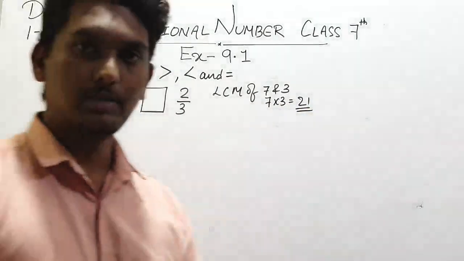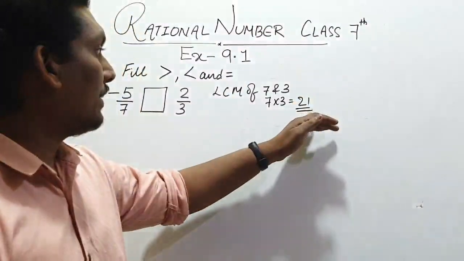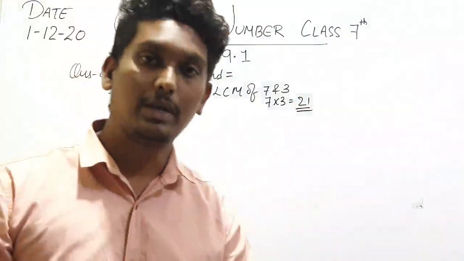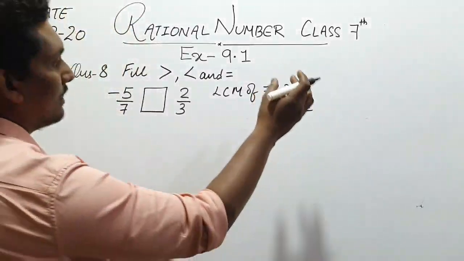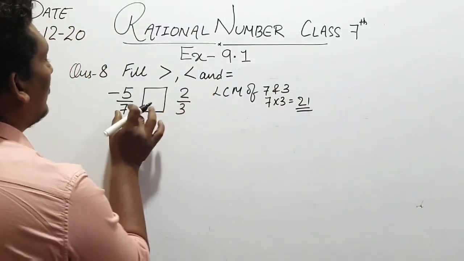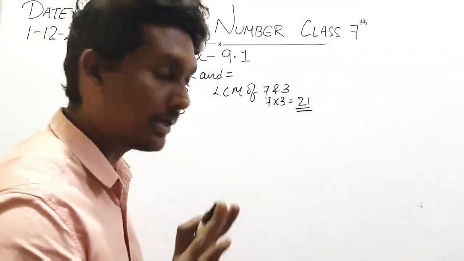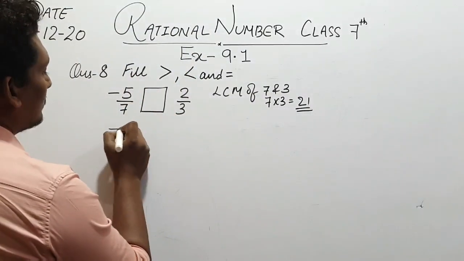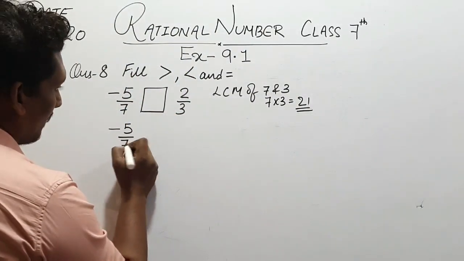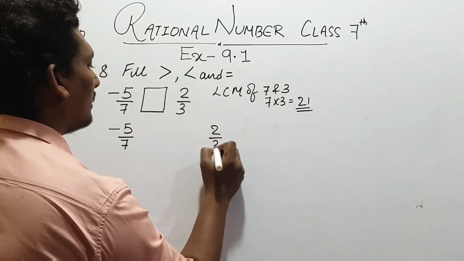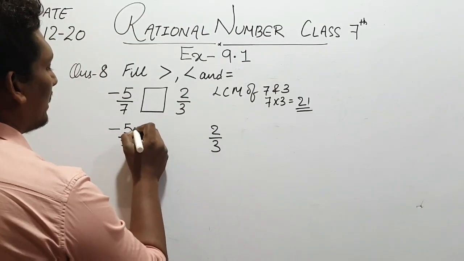So after finding the LCM, what you have to do is, we want the denominator to be the same, 21, right? We want this 21 to come on this side and this side. Only the denominator I am talking about. So minus 5 by 7 and 2 by 3.